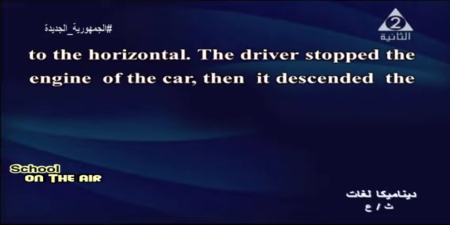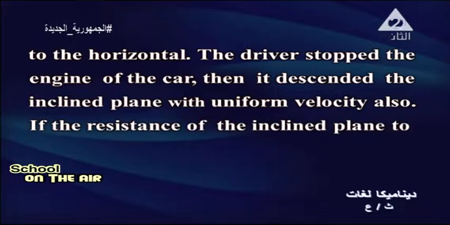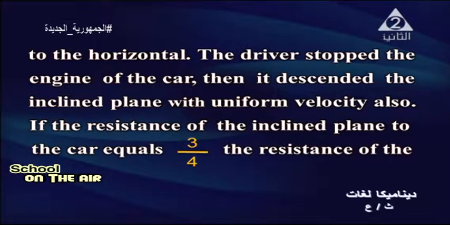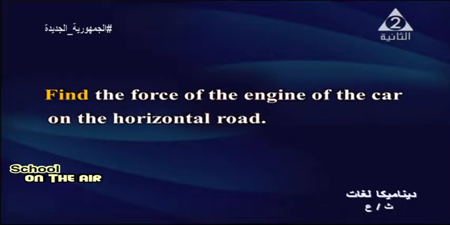Then the car descended the inclined plane with uniform velocity also. If the resistance of the inclined plane to the car equals 3/4 the resistance of the horizontal plane to the car, find the force of the engine of the car on the horizontal road.